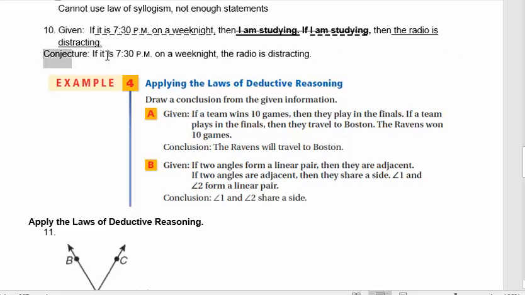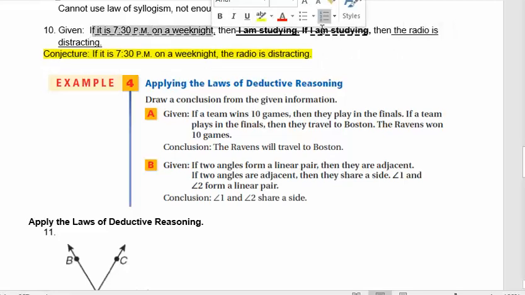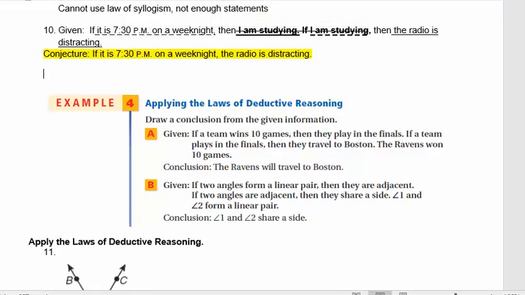Is that what this conjecture says? If it is 7:30 p.m. on a weeknight, the radio is distracting. It's exactly the same thing as what this plus this is. So that is correct, and you can say yes, you can use the law of syllogism. I'll let you finish it. It's set up correctly for that.